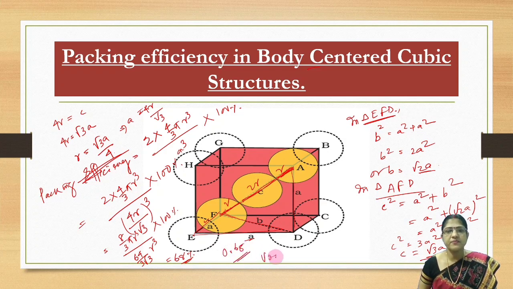And this much percentage is filled. That means out of 100%, how much space is vacant? That is void. 100 minus 68%, right? It will be how much? 32. 32% is the void in case of BCC, right?